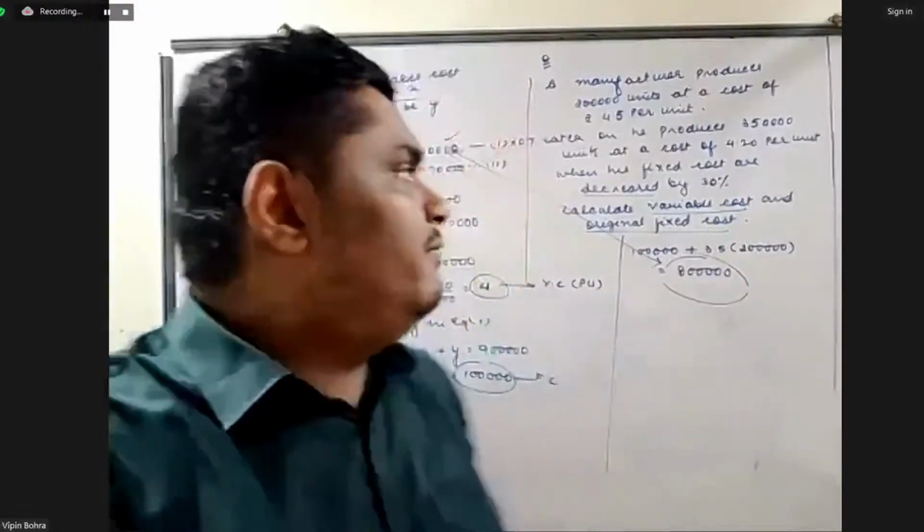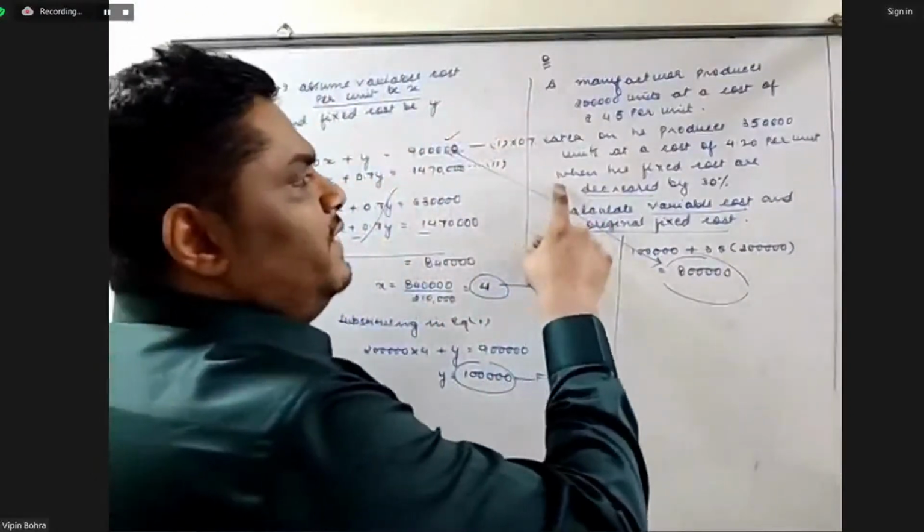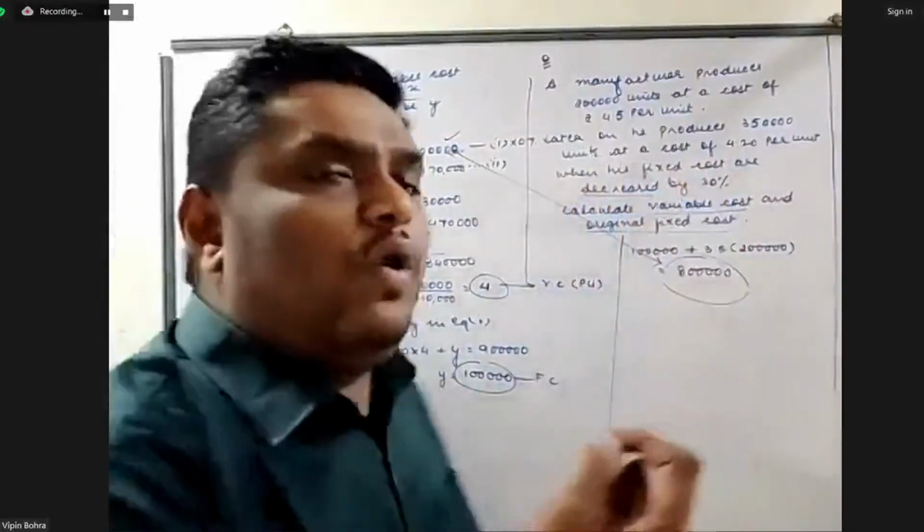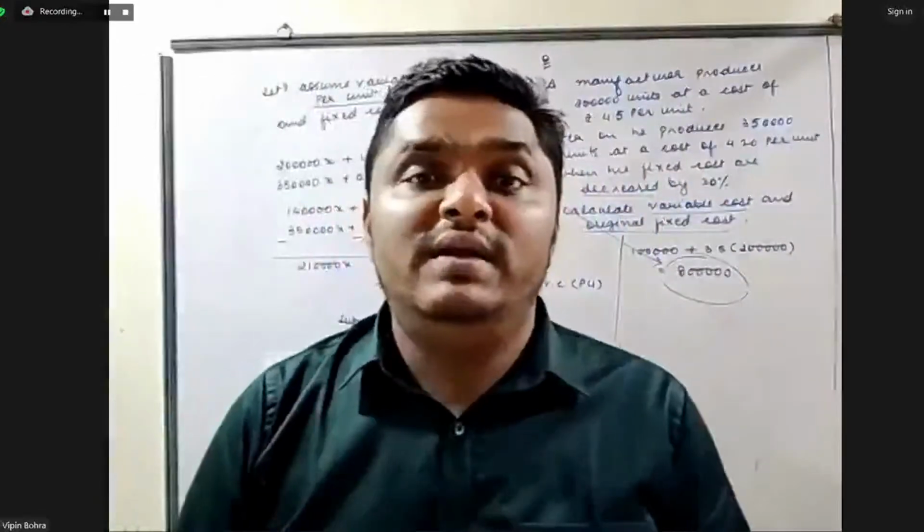See, Sai Divya, please check the solution. I have given at a cost of 4.2 per unit when his fixed cost is decreased by 30%.